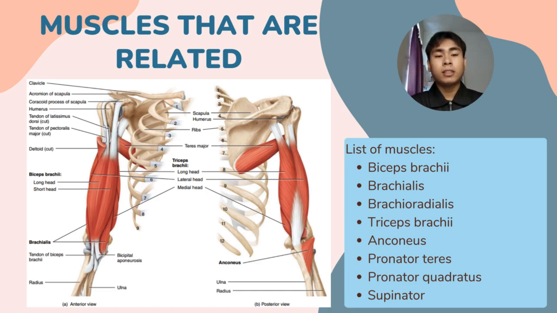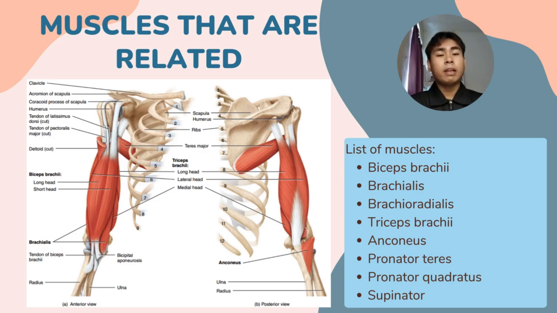Next is the triceps brachii muscle, which is located at the posterior of our arm, and a little region of it is located at the medial side of our arm. Then next is the anconeus muscle. This muscle is categorized as an isolated muscle and is located at the posterior part of our elbow.